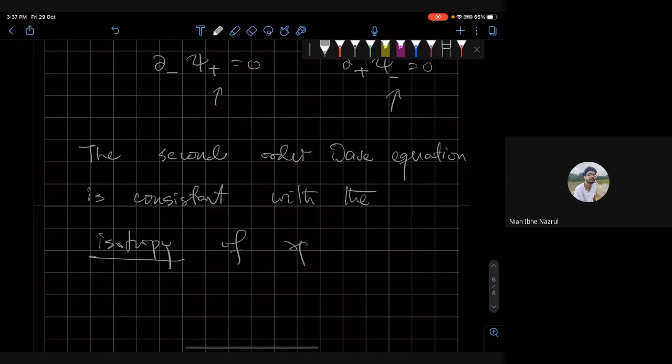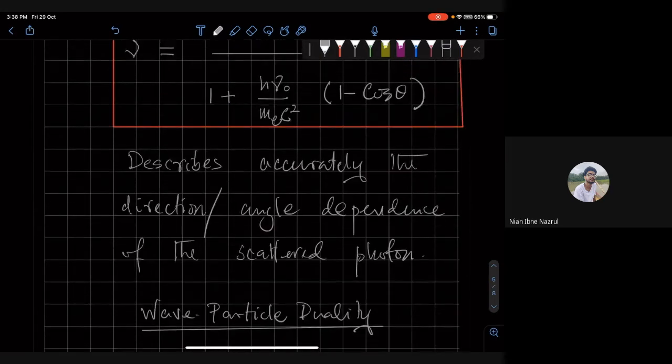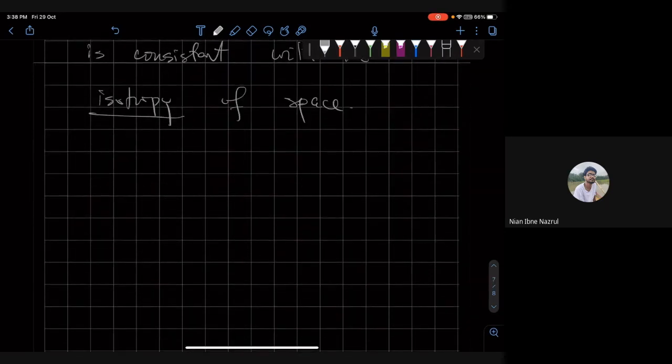Isotropy is related to direction, so it's left-moving and right-moving. Here, direction is left and right. Homogeneity has to do with translation. Okay, so let's now derive the wave equation that is inherent in Maxwell's equations.